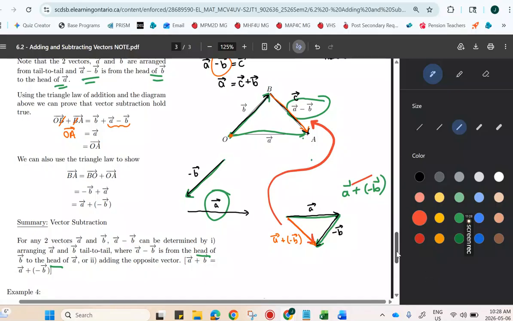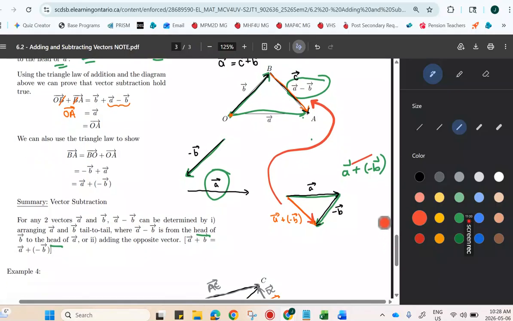Okay. So there are two ways you can look at it. When you're subtracting vectors, you're really just adding the negative version of it. So for example, using scalar values, 5 minus 2 is 3, or you can say 5 plus negative 2 is still 3. Essentially that's what we're doing when we're subtracting vectors.